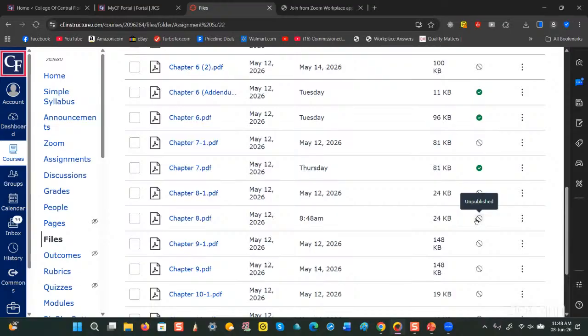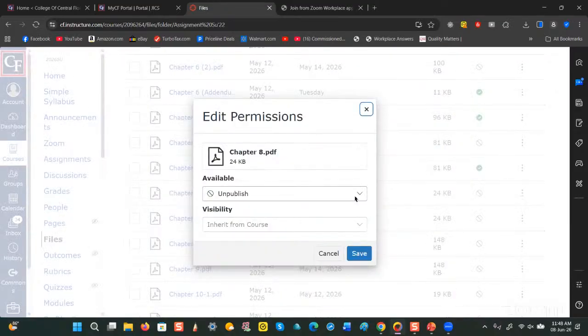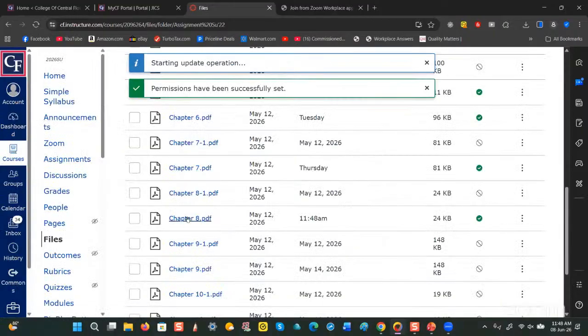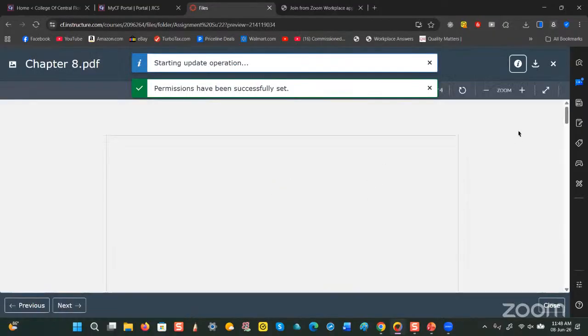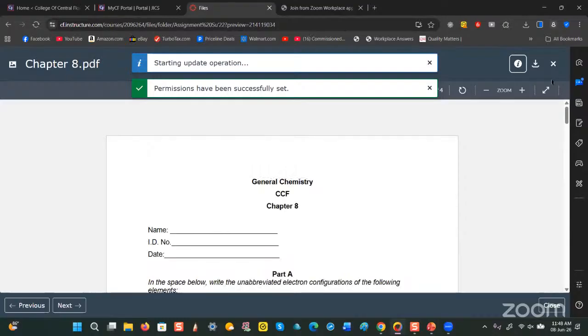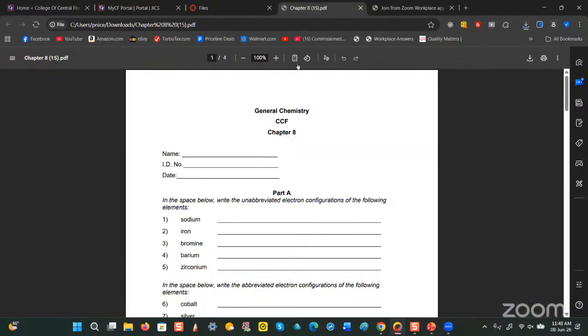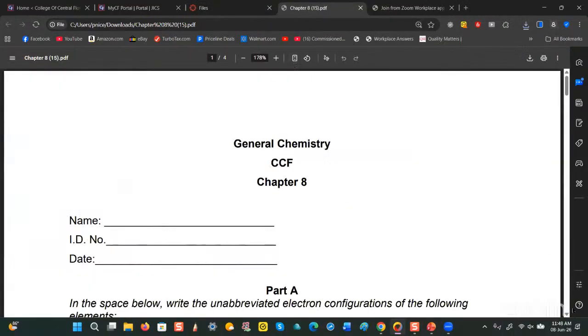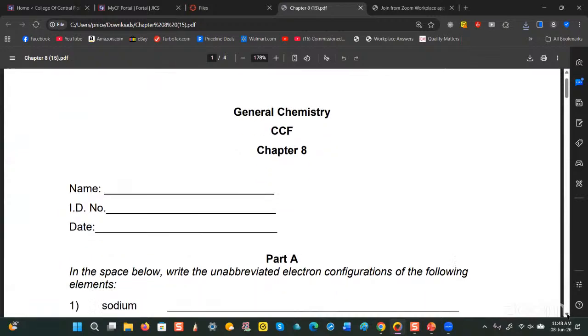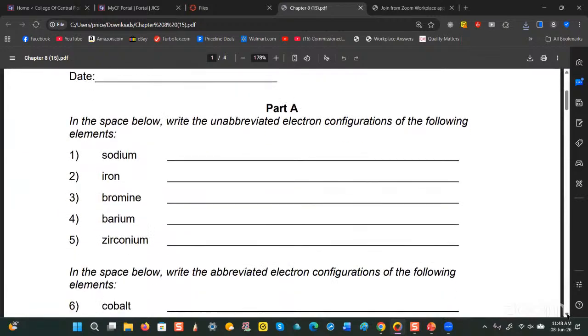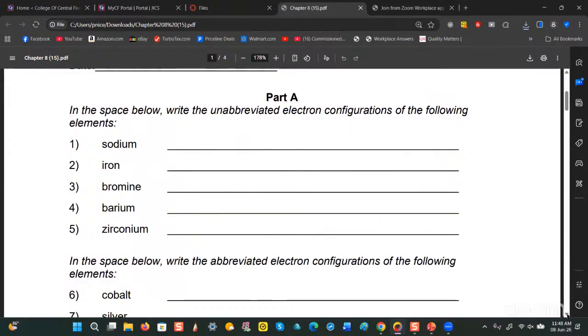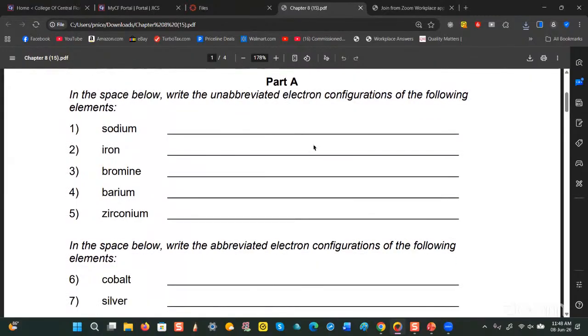Okay, so for those of you out there on Zoom, I'm going to publish it now so you will have access to it. Okay, so what I'm going to do is let's do the first one in part A and the first one in this section here, all right? And then we call it today.